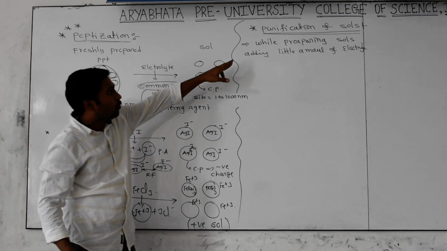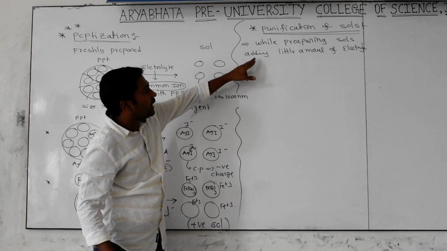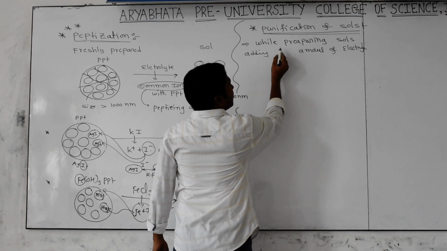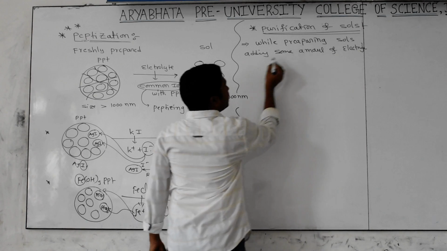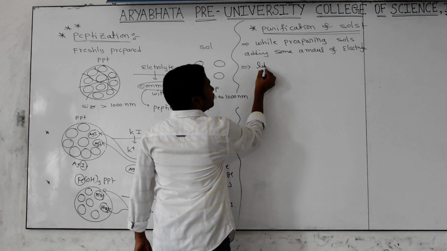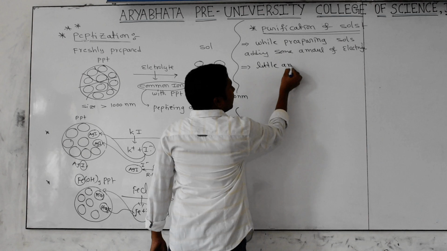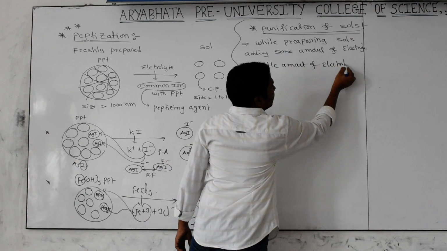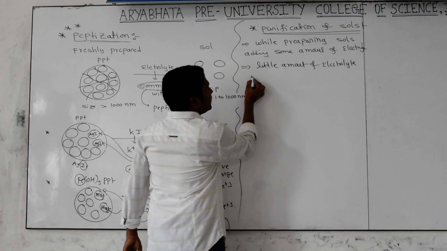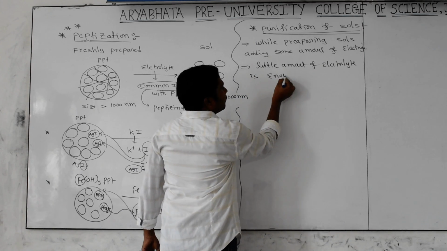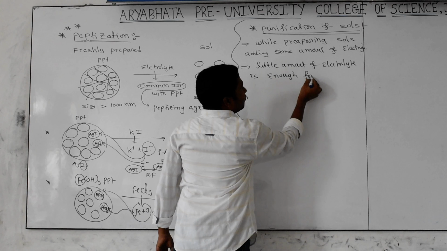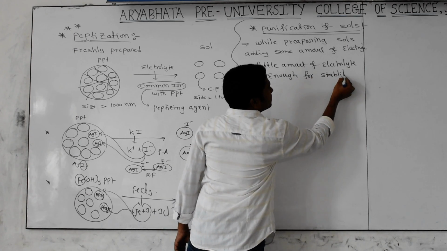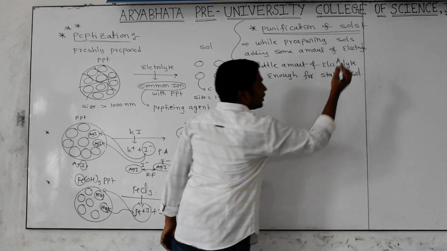Once again, while preparing sols, we are adding a little amount of electrolyte. A little amount of electrolyte is enough to stabilize the sol. Are you agreeing? Did you get my point?